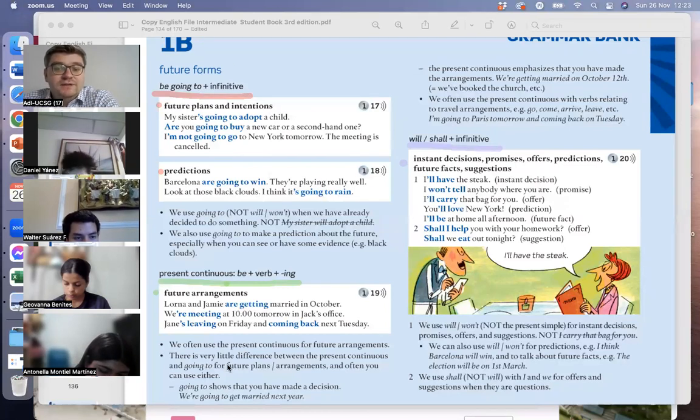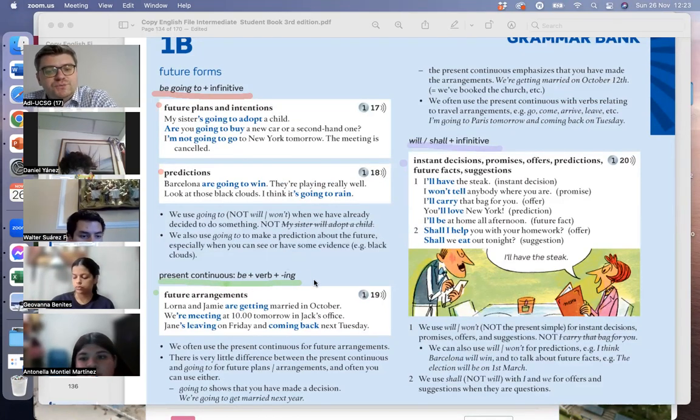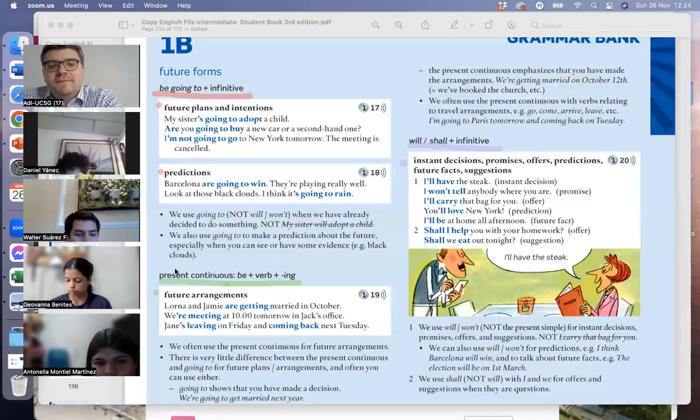Okay, now let's look at another alternative. Let's look at the present continuous, with be plus the verb finishing with ing. We spoke about the present continuous already in the previous class yesterday and today at the beginning of the day, but we spoke about it when talking about something that is happening right now, correct? Or something that is temporary.